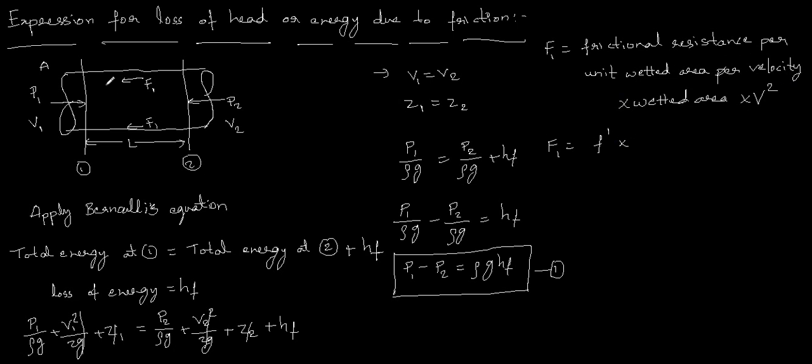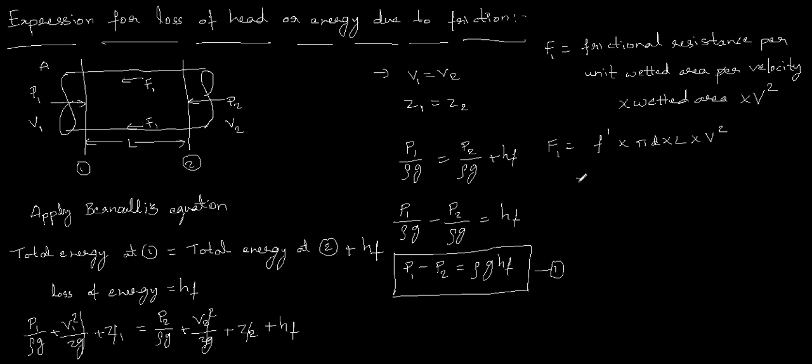So what is the wetted area? Wetted area means whatever area the liquid is in contact with, that is the internal surface of the pipe. So we need to consider the surface area of the pipe covering a particular distance of L. That area can be obtained by the circumference of the pipe into the length of the pipe, over which we are considering the flow of the liquid. That is the wetted area, into velocity square.